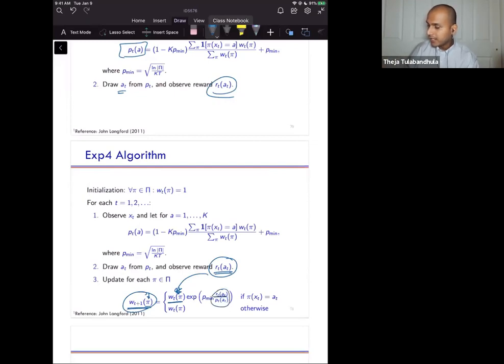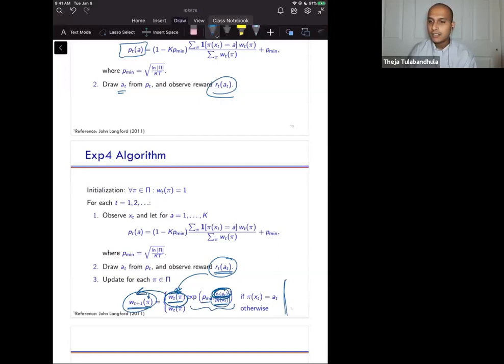There is the same R here, but with some multiplication and division happening. That's some fix needed for this algorithm to be correct theoretically, because of bias. But you can see that it's proportional to the reward. It's e to the power reward, a positive multiplier, and so this weight will increase basically. That's kind of what we need at this point.